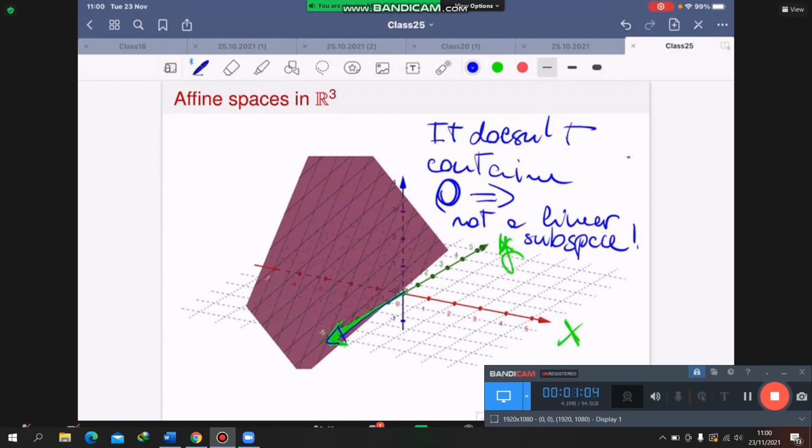my affine plane becomes a linear subspace. It goes through the origin.